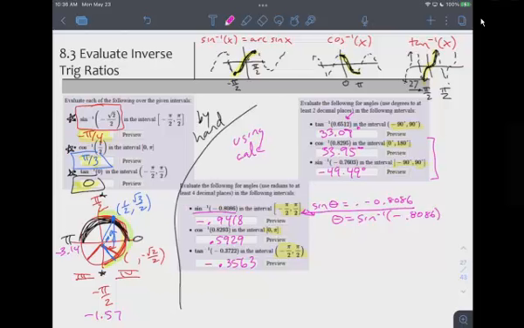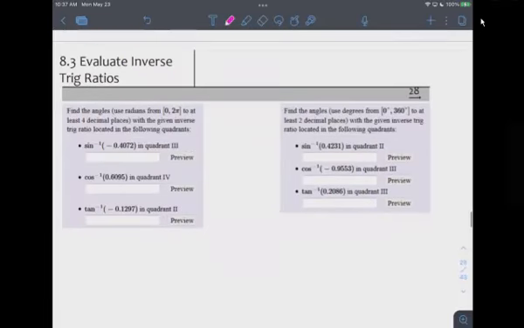All right. So let's see how this is going to be used in a more complicated way. What if it asks you to find the angle whose sine is some ratio, just like what we just found in the calculator, but instead of it being in quadrants 1 and 4, which is where the inverse sine on your calculator is going to give you, what if it asks you to find it in quadrant 3?